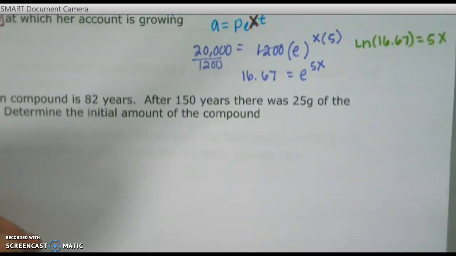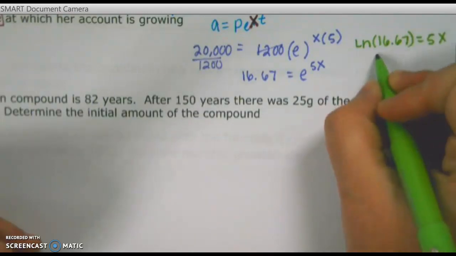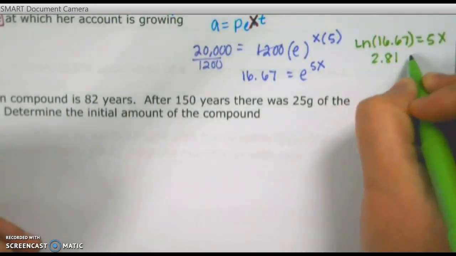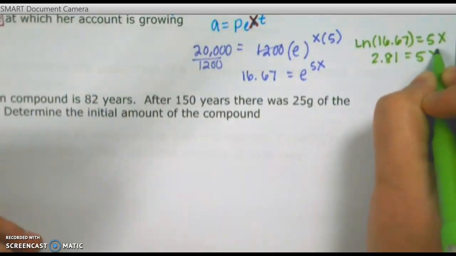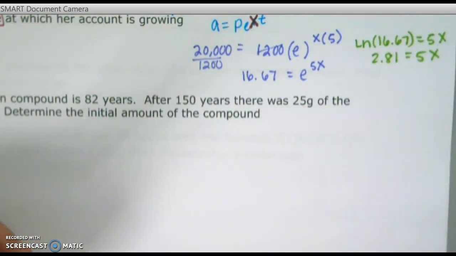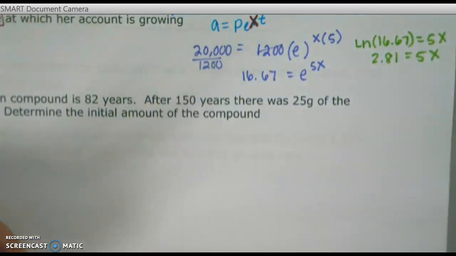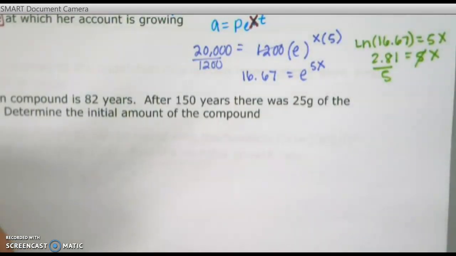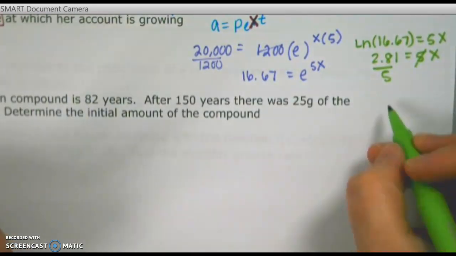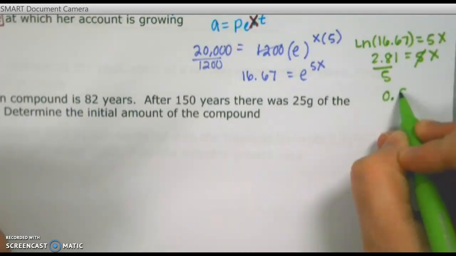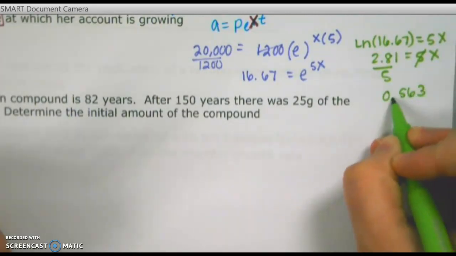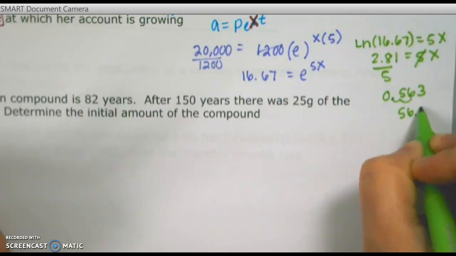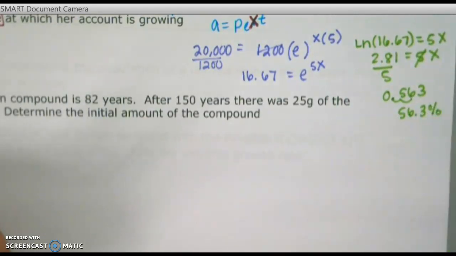I'm going to figure out what ln of 16.67 is. And I got 2.81. That is still equal to 5x, so I have to cancel out the 5. So 2.81 divided by 5. So about 56.3%.